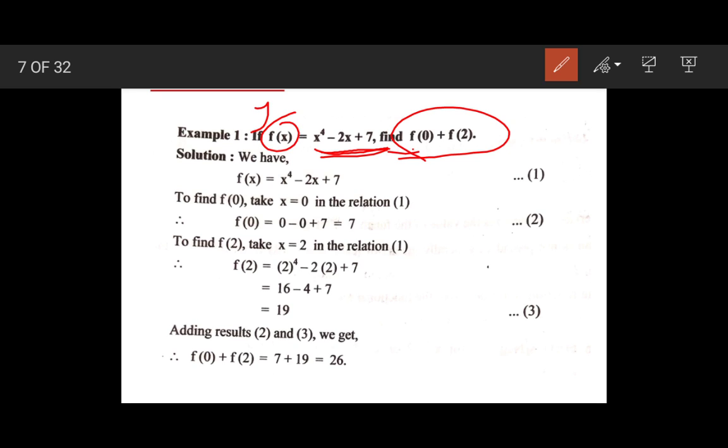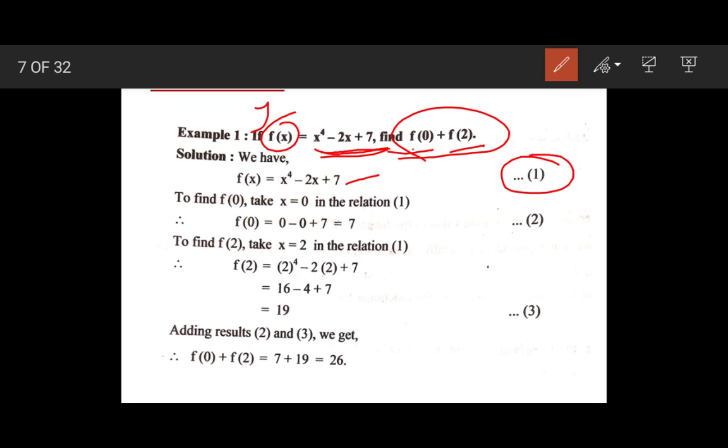So first we have to find f of 0, then we have to find f of 2, and then we are going to add f of 0 plus f of 2. So let's start with f of 0. Now the rule is, see, the function is defined as x square minus 2x plus 7.